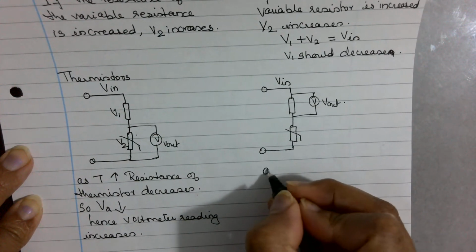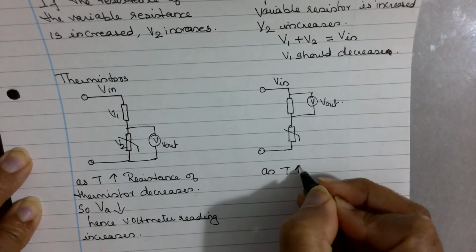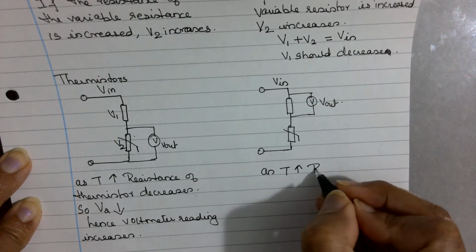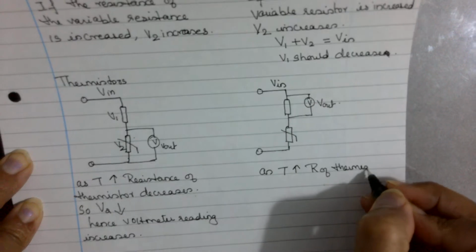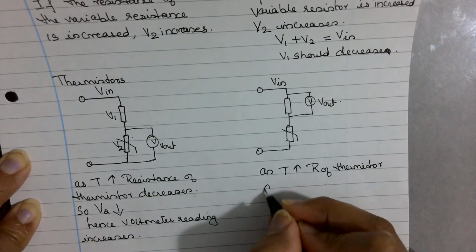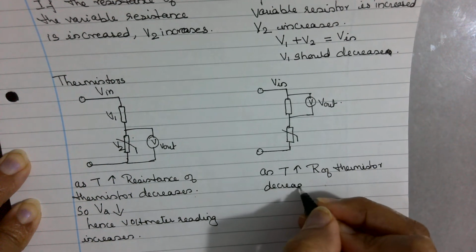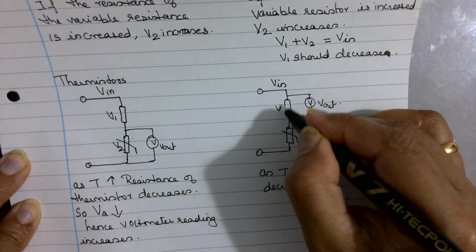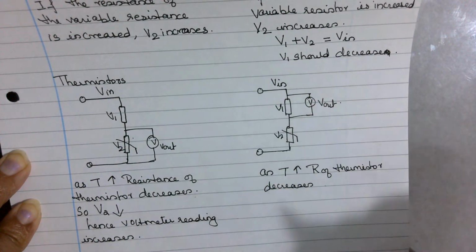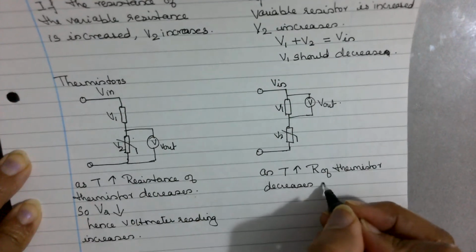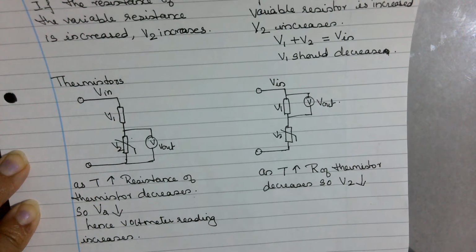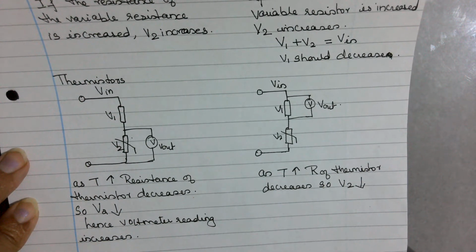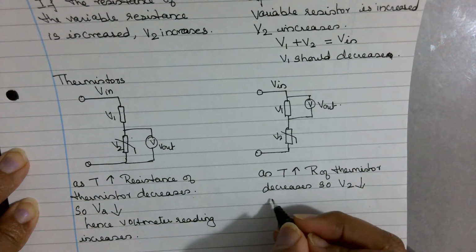Here what happens? As temperature increases, resistance of thermistor decreases. Let's label this again as V1 and V2. So V2 decreases. But what is the problem here? The voltmeter is not across that.